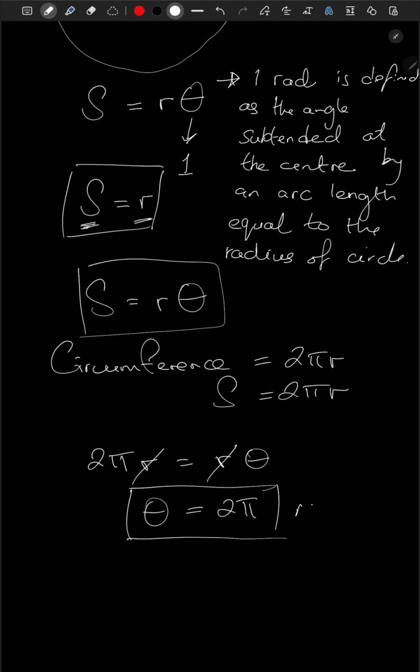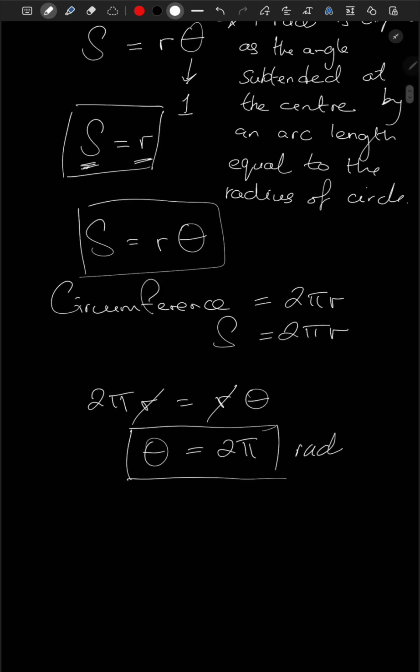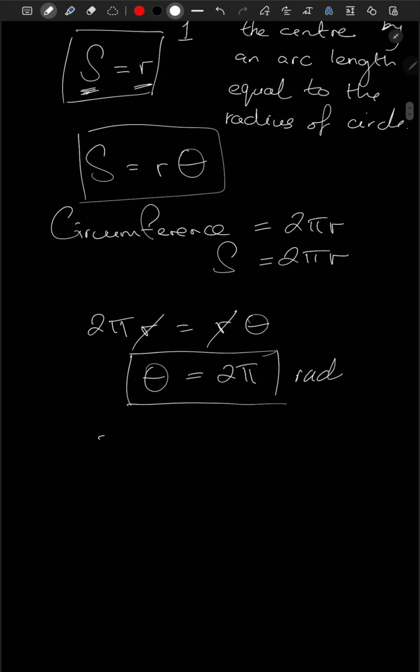We call it 2 pi radians. So now you know in degrees a whole circle is 360 degrees, but in radian it is just 2 pi. So 360 degrees is just 2 pi radian.